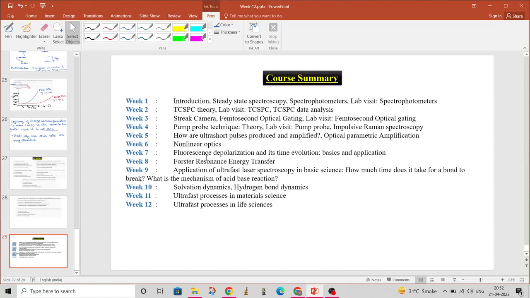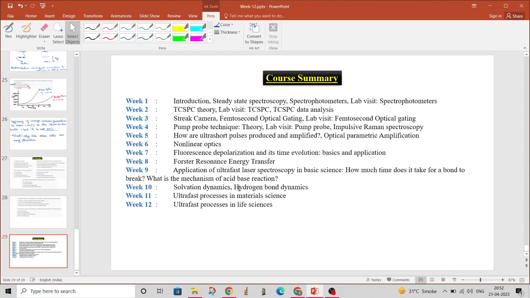Then week 7 was about fluorescence depolarization and its time evolution, basics and application. Then in week 8 we saw Förster resonance energy transfer.